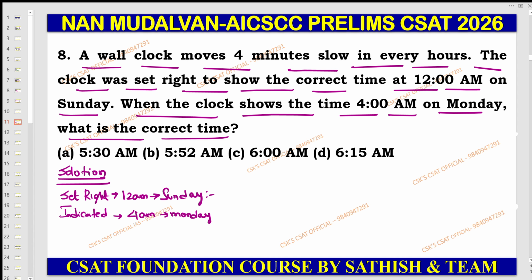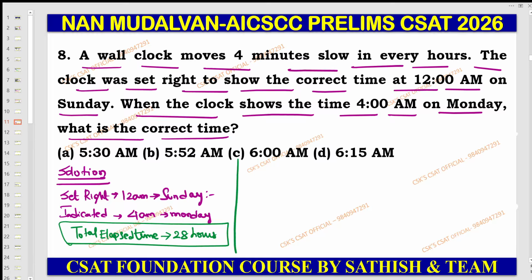Find the total elapsed time here. 12 a.m. Sunday to 12 a.m. Monday is 24 hours. Till 4 a.m., another 4 hours. So therefore 28 hours, right?